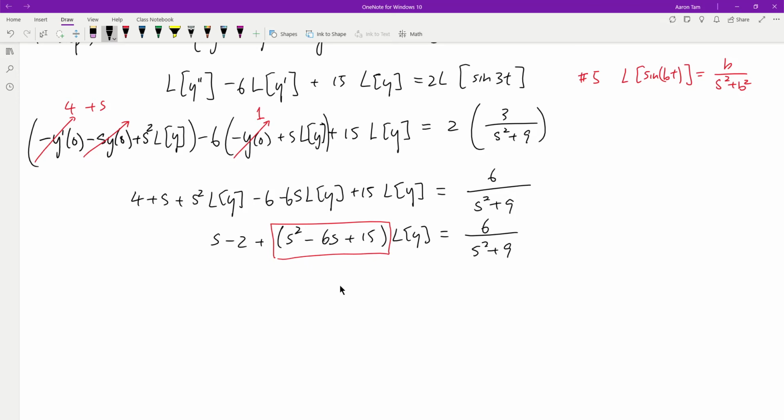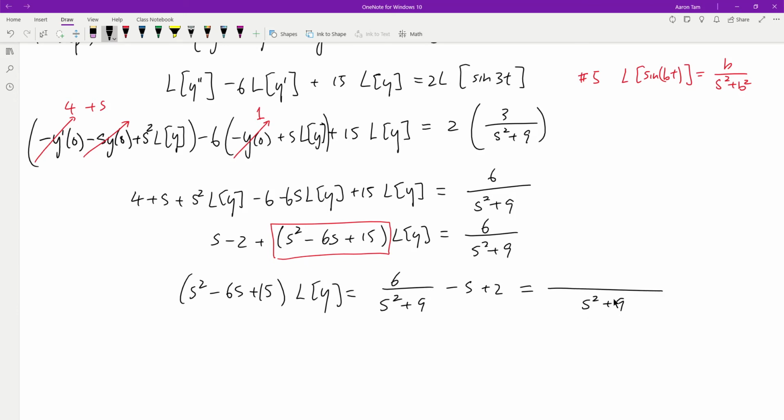So it seems to me that Laplace transform of y will simply just equal to, well, actually maybe I'll do this, s squared minus 6s plus 15 times Laplace transform of y should equal 6 over s squared plus 9 minus s plus 2. So therefore, if I combine them together, I get this.